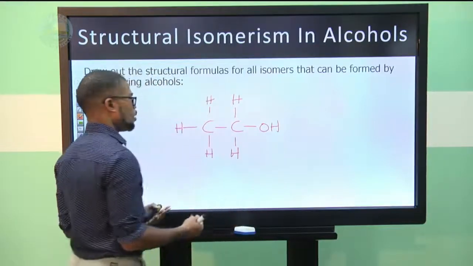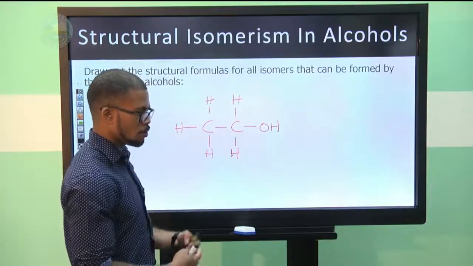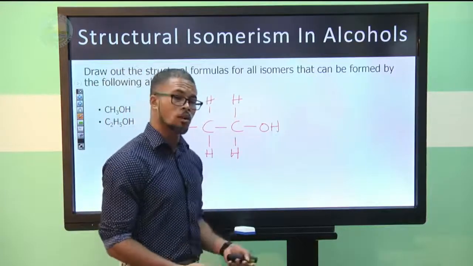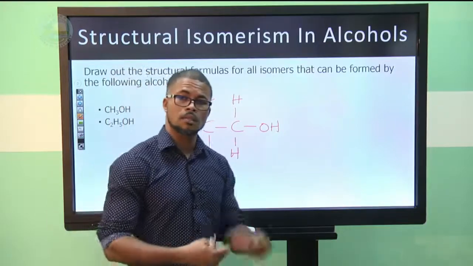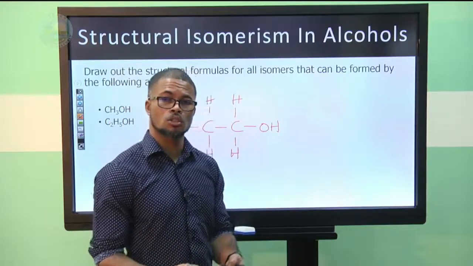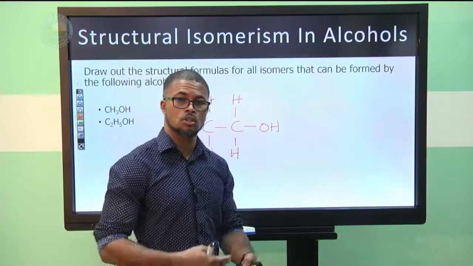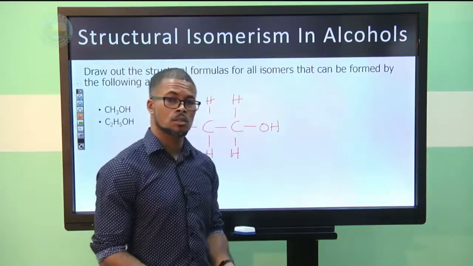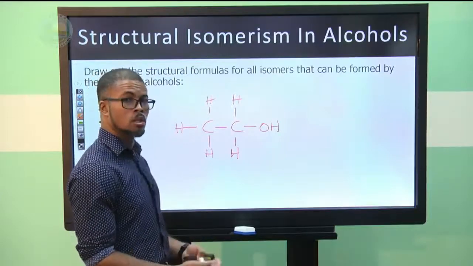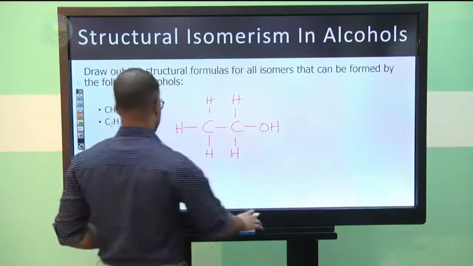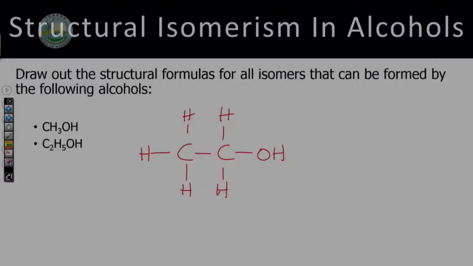No. As you would have learned from the previous videos, when you place a functional group, you need to make sure you give the functional group the lowest possible number. So the carbon that the functional group is on is always going to be carbon number 1. So in this case, we are not going to find any structural isomers with an alcohol that contains 2 carbons.